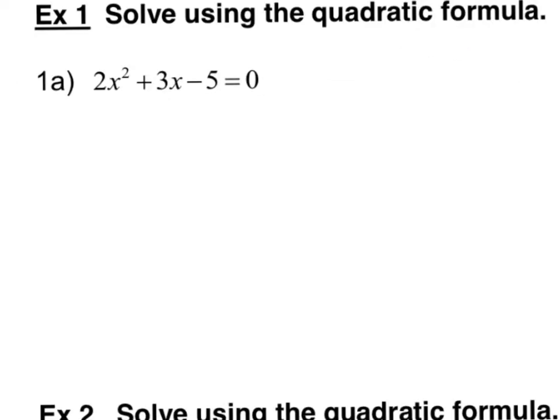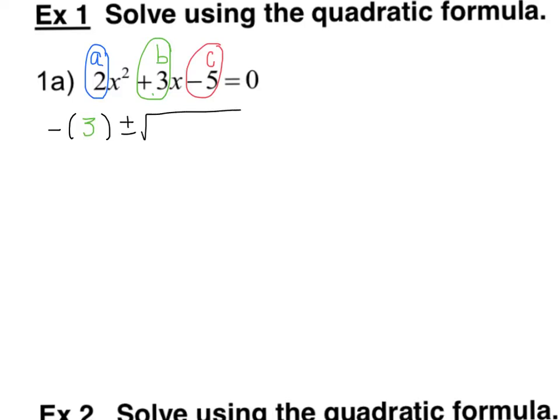So first I'll identify A, it's 2, B is positive 3, and C is negative 5. Now I'm going to plug into the formula. Everything in the formula that I have up in that box that's written in black, I'm going to write in black. So the formula goes negative b, so it's going to be negative, and then inside parentheses, I'll put the number for b, 3. And then it's plus or minus the square root of, and in parentheses, we need to square b.